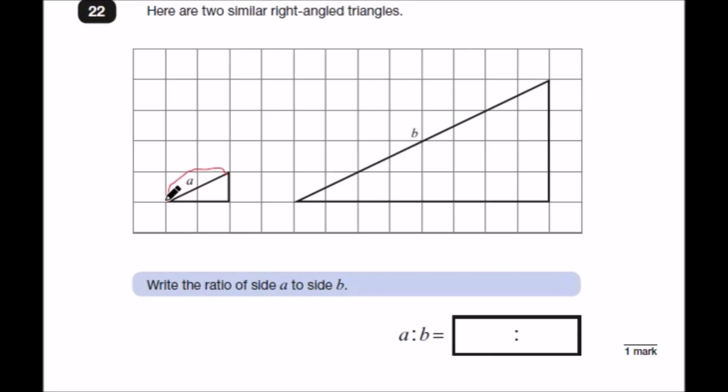Notice side A takes 2 blocks, so side A can fit here once, twice, thrice, and 4 times. So this means for every 1A, you should get 4B. So we can say 1 to 4 represents the side length of A to B. In fact, the bottom is also, let me see, 2 here, 8. Actually, the whole shape is 1 to 4 all around. Okay, cool.